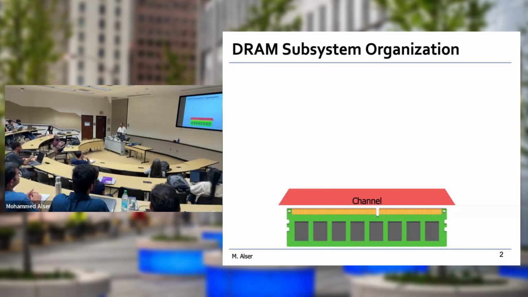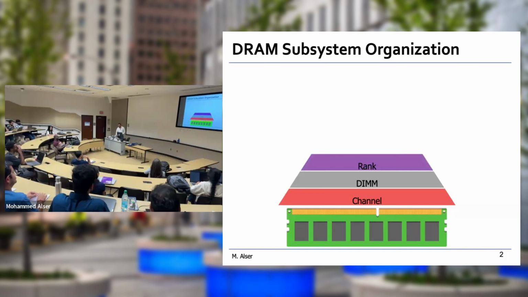What is next in the hierarchy? DIMM, which is basically this one. What you see here is the DIMM device itself. Out of the DIMM, we have rank. Rank is basically a group of chips, okay? Each of those black pieces we call a chip, and the rank could be a group of them. In this picture, it might be all of them in one rank, or two ranks, and so on. We will see this example in a few minutes.